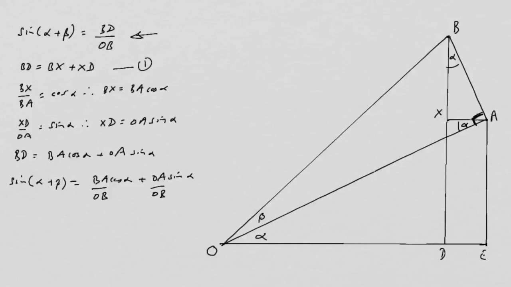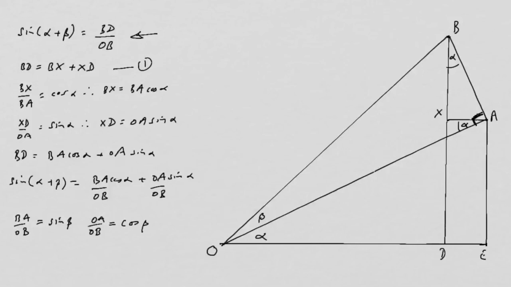So we can now look at the triangle OAB, and we get for that triangle that BA over OB is the opposite over the hypotenuse in the triangle with the angle beta, so that gives us sine beta, and OA over OB is the adjacent over the hypotenuse in that triangle, so that gives us cos beta.